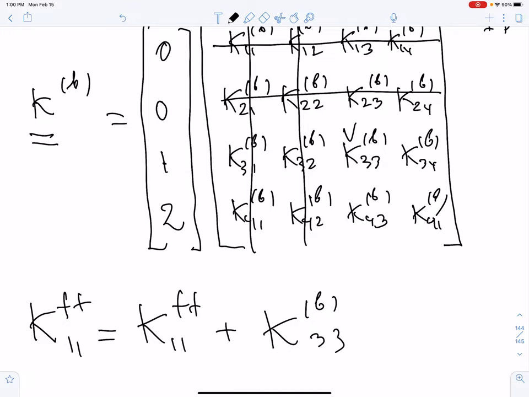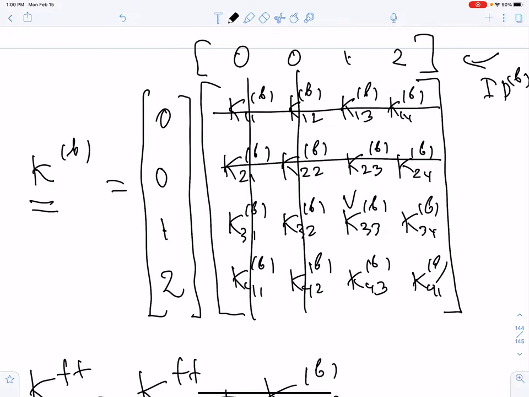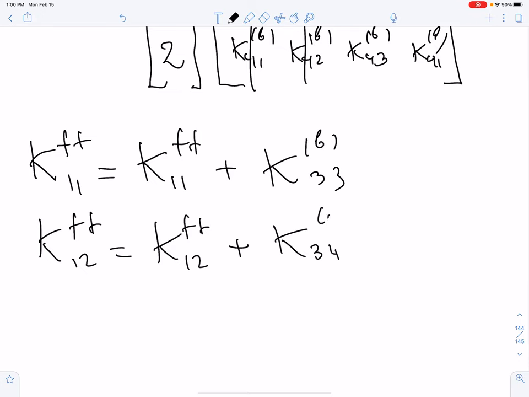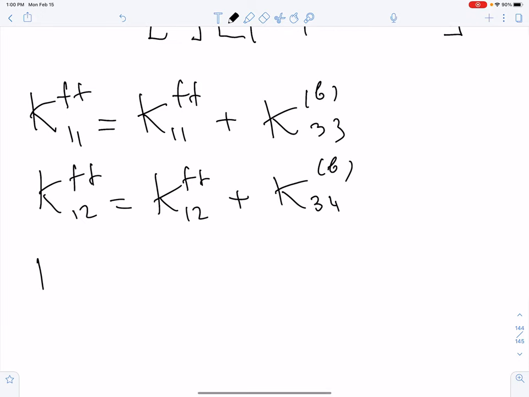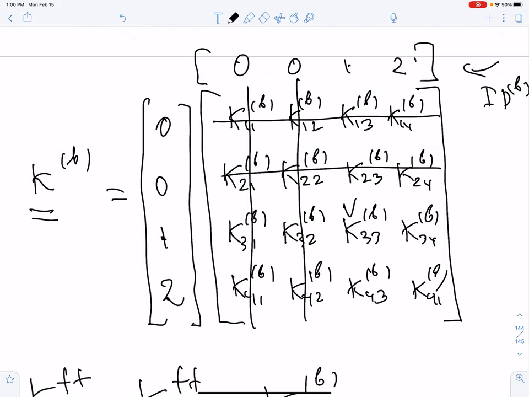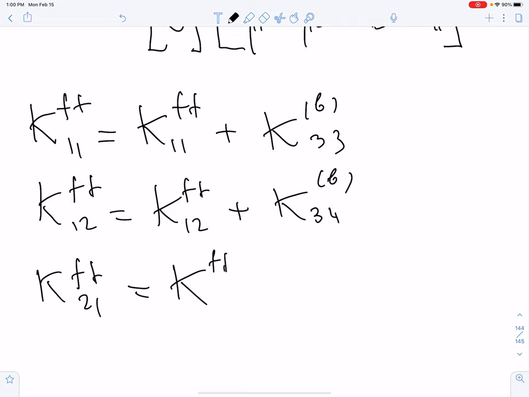We'll go to K34, and the entry in KFF is 1, 2. So KFF 1, 2 equals KFF 1, 2, whatever was in it, plus K34B. KFF 2, 1, let's see. K43 points to row 2, column 1. So KFF 2, 1 equals KFF 2, 1 plus K43B.